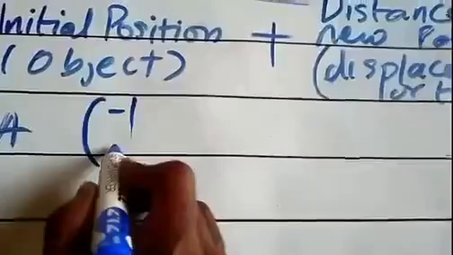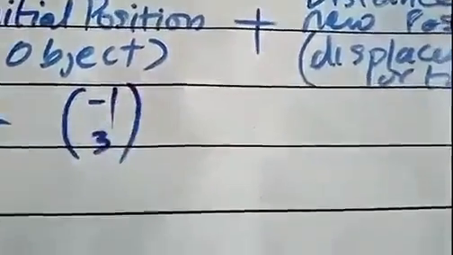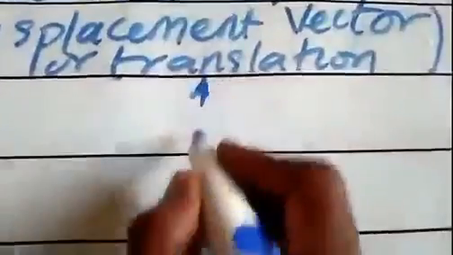First, we look at each vertex. Vertex A, we write as a column vector (-1,3), in the order of x, y. Our distance apart is (4,2).